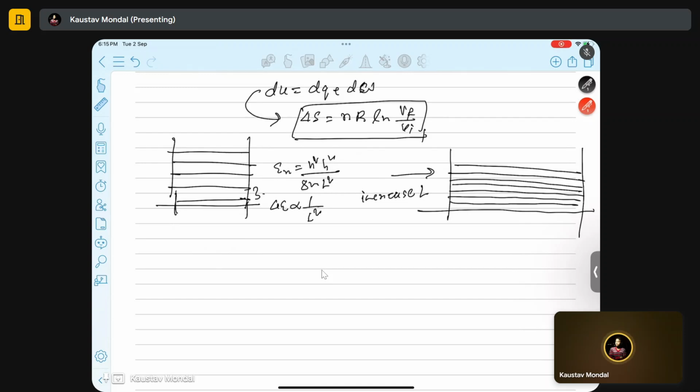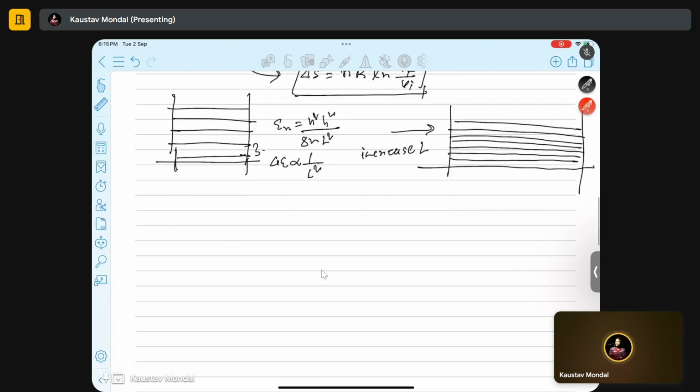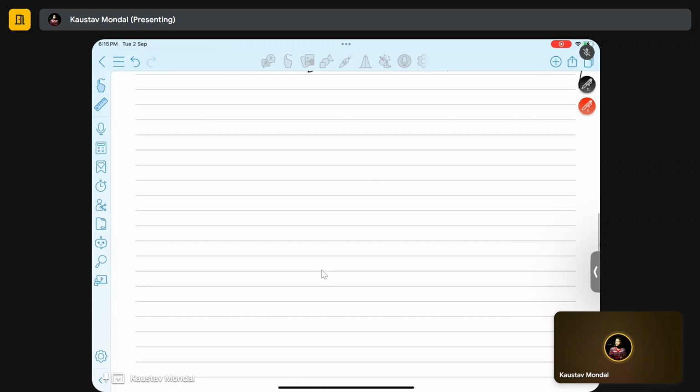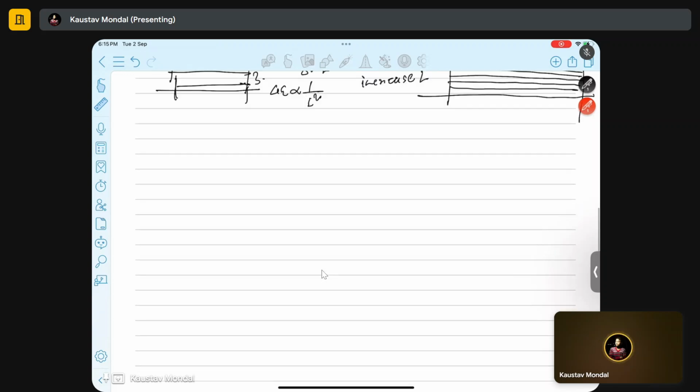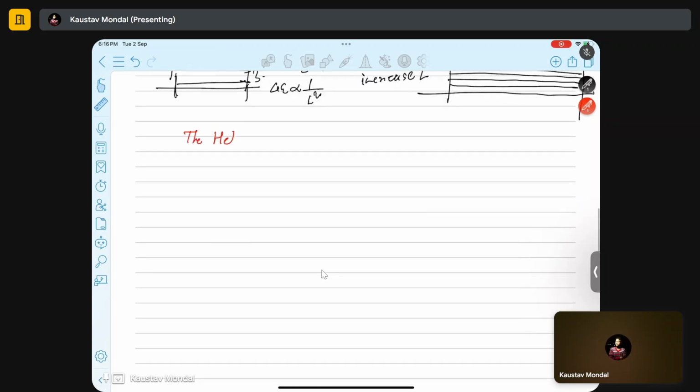Then after that, we proved two important quantities in terms of the partition function, that is, the canonical partition function. The first quantity that we have calculated is the Helmholtz energy, right? The Helmholtz energy is generally denoted by A, and the expression looks like this: A equal to U minus TS.